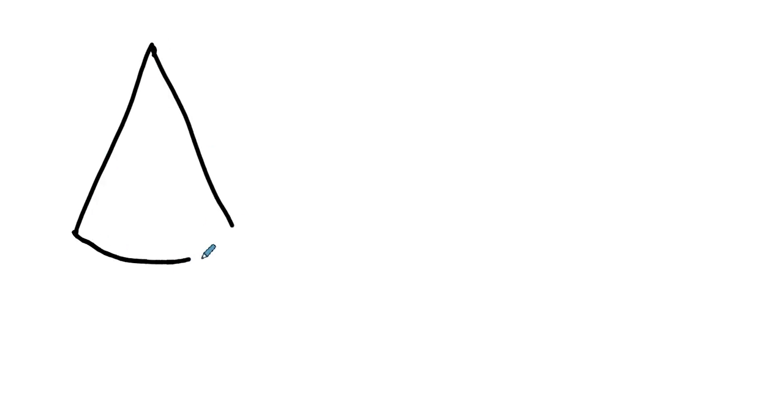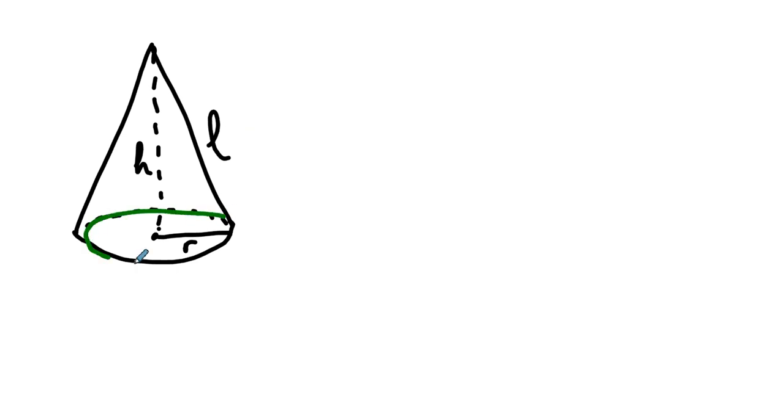Not everything is a prism. Some things are cones, and the cone has a circle on the one end of it, and it's got this height, and it's got this slant over here. And how do we find the surface area of a cone? Well, the circle part is pretty straightforward, right? That's going to be pi r squared.